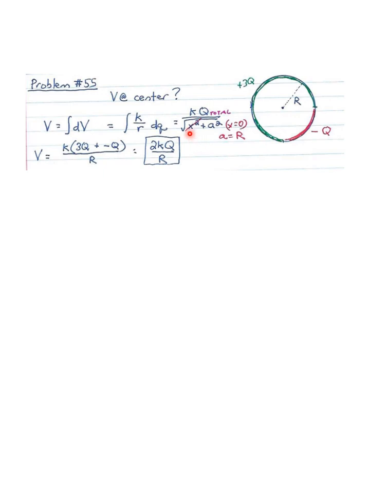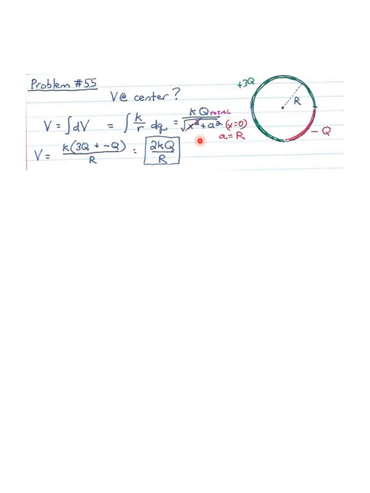And doing the integral, all the little point charges, it turns out that they don't need to be uniformly distributed. When you add all the little charges, some of them being positive, some of them being negative, it comes out to be k times the sum of all the dq's, which is the total q. So 3q plus negative q, that ring has a total charge of 2q.